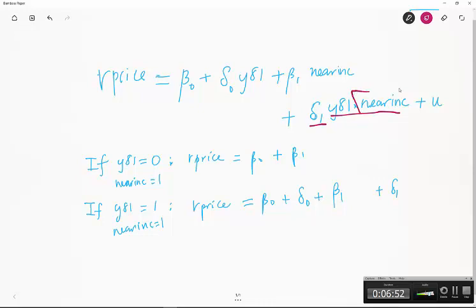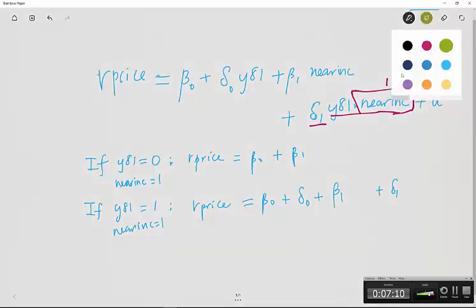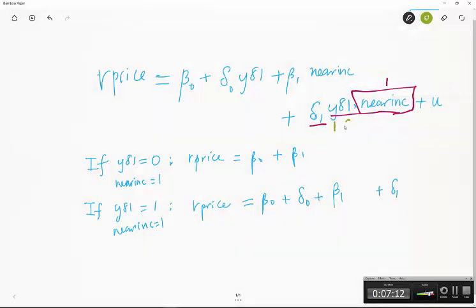So you are looking at the houses that are near the incinerator, right? So therefore, this value is equal to 1. And then you would have the value for y81 to be either 1 or 0. If it is equal to 0, the whole term here is equal to 0.